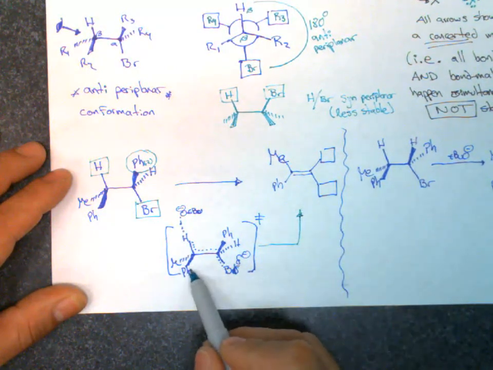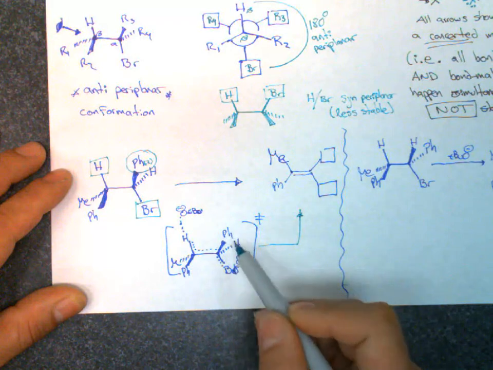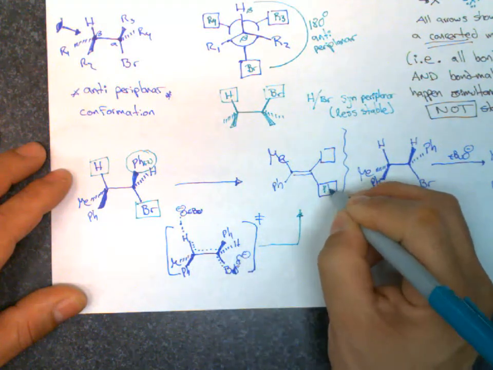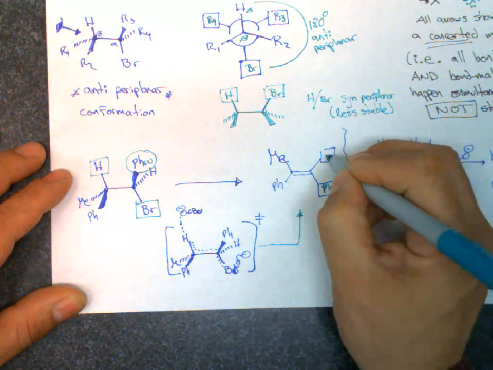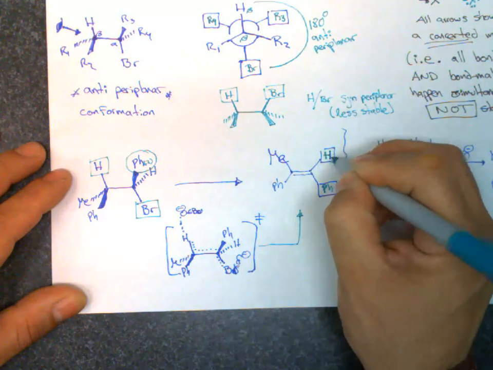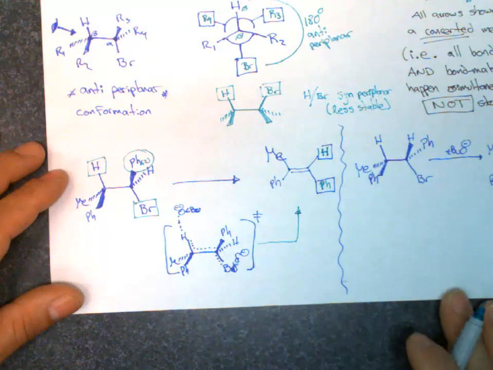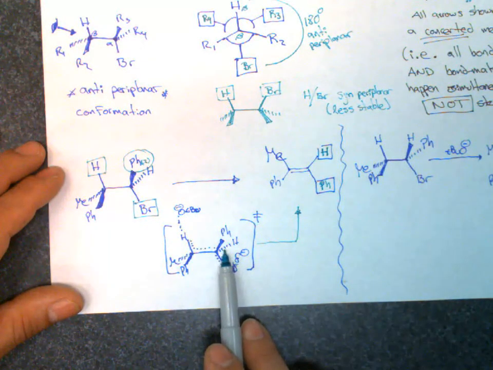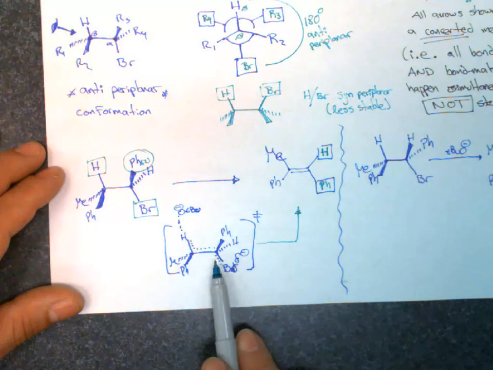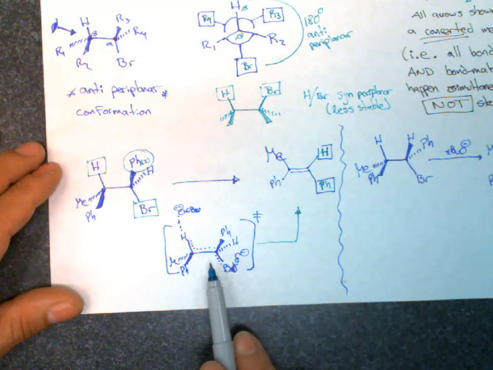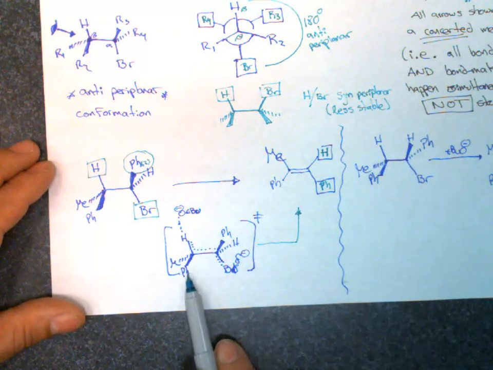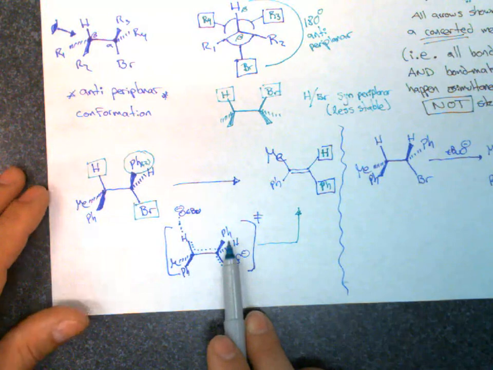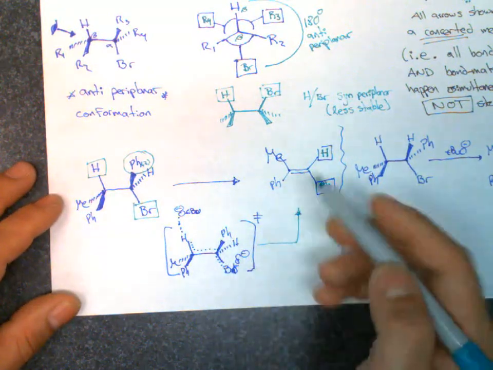Now, if we have the phenyl groups on the same side, then we just put them on the same side. And this will be an H. Does that make sense? If both phenyls were above the plane of the board, then you don't have to break your heads. You just simply look, okay, this phenyl is above, this other phenyl is also above the plane, so they're going to end up on the same side.